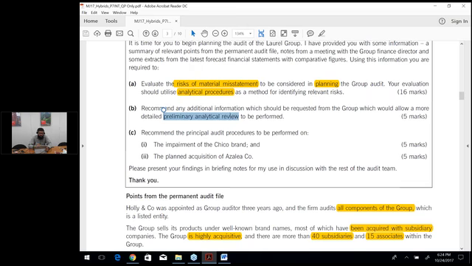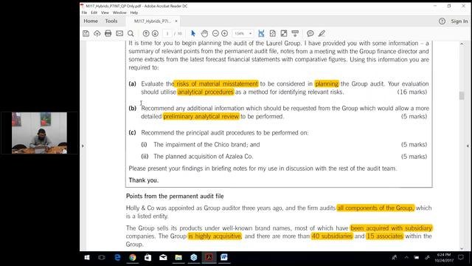So what they want is for you to identify any additional information which should be requested from the group. We did perform the analytical procedures yesterday, but what the examiner is asking is that you need to recommend any additional information.